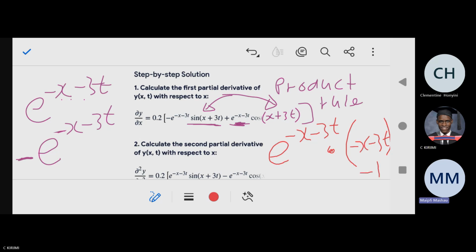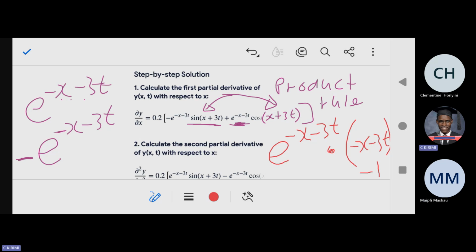It's making sense because the product rule says f multiplied by g prime, plus f prime multiplied by g. So the first f, you write it as it is, you derive the g, plus the f, you derive it, and then the g remains the same. That is it.